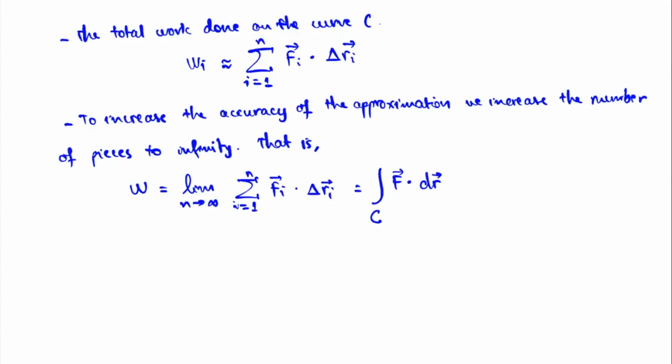So this is the path integral or the line integral. F sub i becomes just F. The dot product remains the same. Delta r sub i becomes dr. Okay, good. So that is the line integral of a vector field.